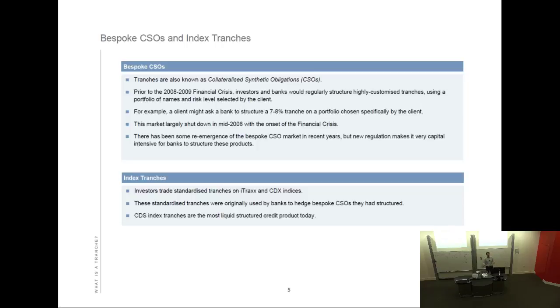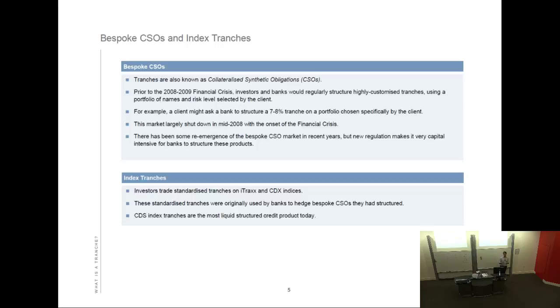On the other hand, index tranches differ from bespokes in that the underlying portfolios are the standard index portfolios on which we also trade indices and options. And index tranches, in a way, bundle everyone's attention and thereby liquidity on a few well-defined tranches.